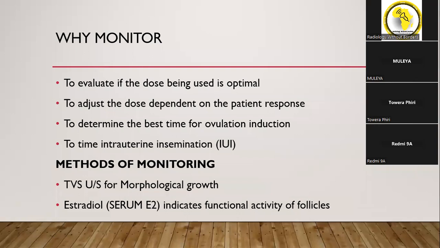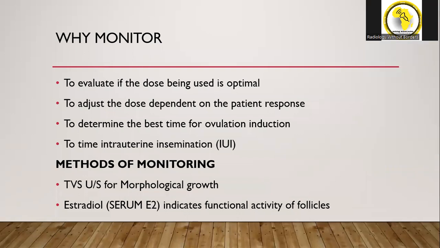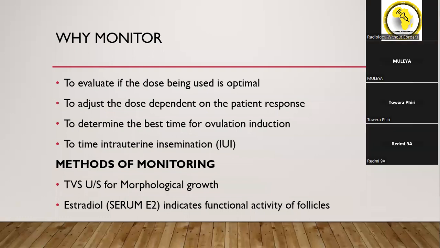Equally, we need to determine the best time for ovulation. As we indicated earlier, what we are looking at is a typical 28-day cycle. There are other women that may not have a similar cycle. Others could have more than 28, others could have less than 28. So day number 14 may not be the actual day of ovulation.